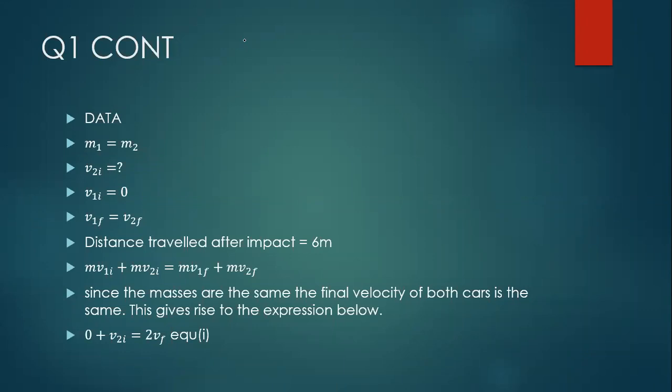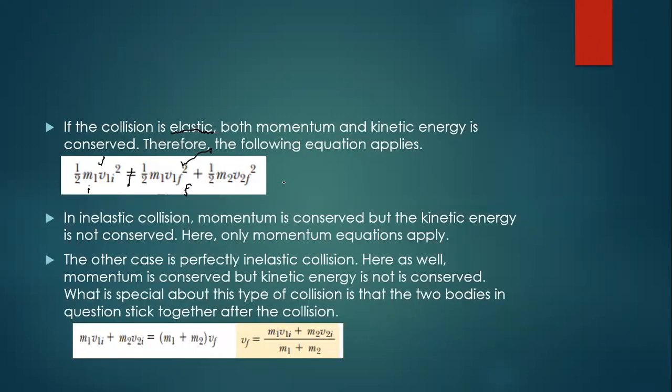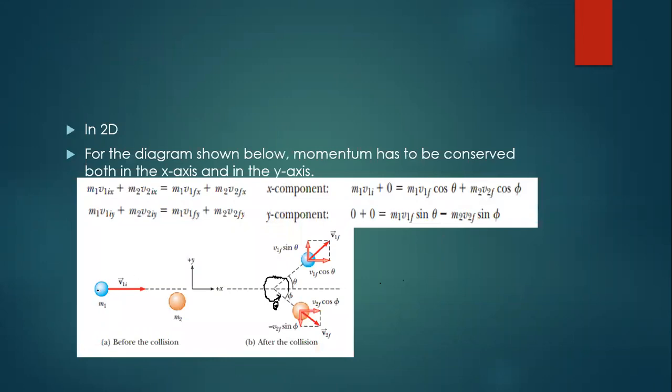Now, sir, on the type of collision, what if someone says it's a glancing collision? I think I explained that a glancing collision is a collision, for example, in 2D, when an object just hits, it's not a head-on collision.